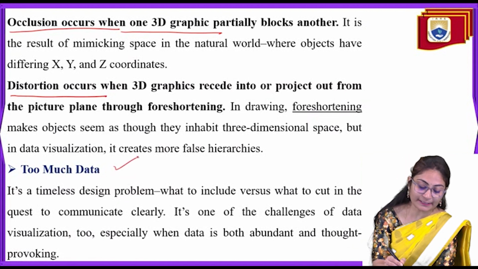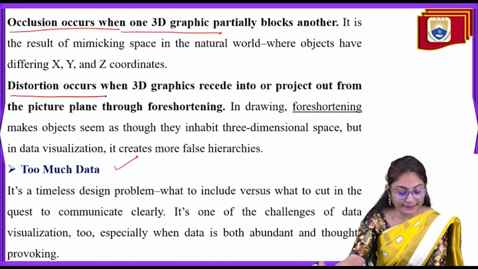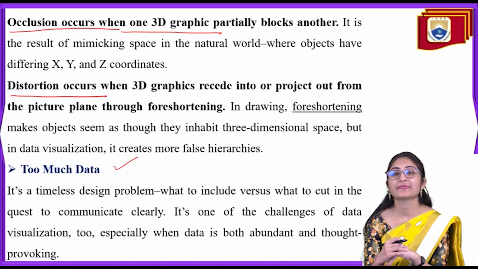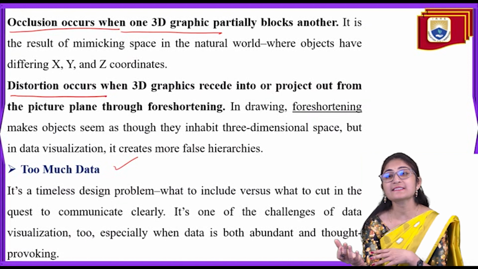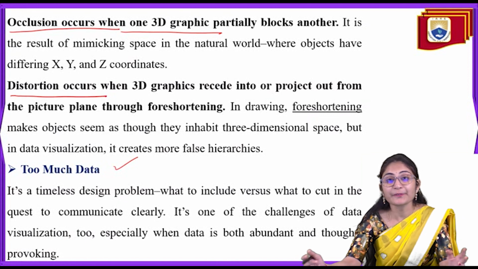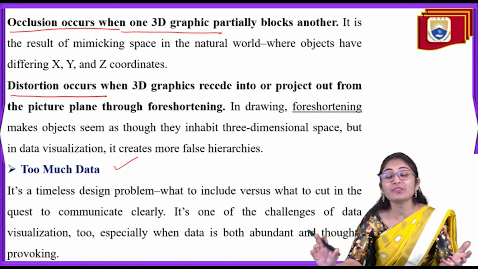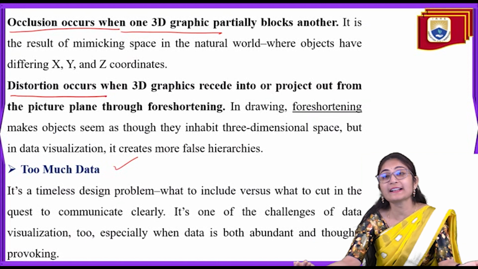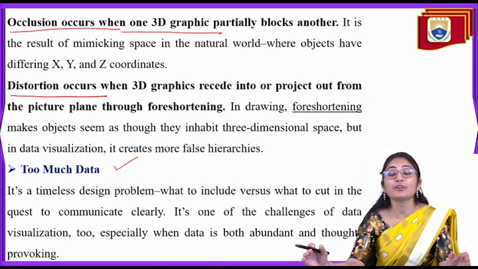Then the next one is too much data. It's a timeless design problem: what to include versus what to cut in the quest to communicate clearly. In this situation we are not able to decide what to include and what to cut.